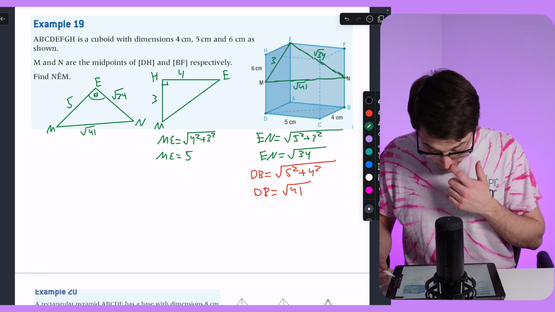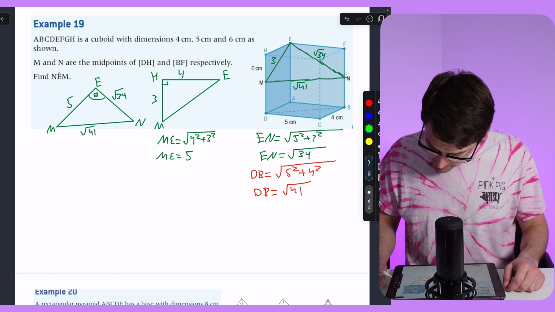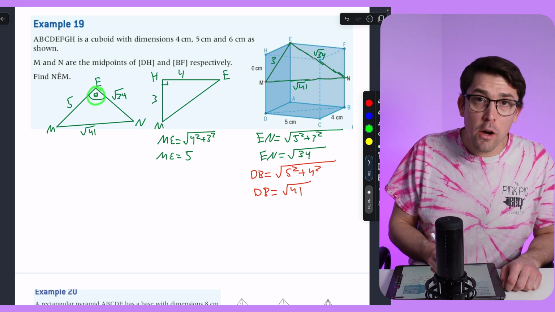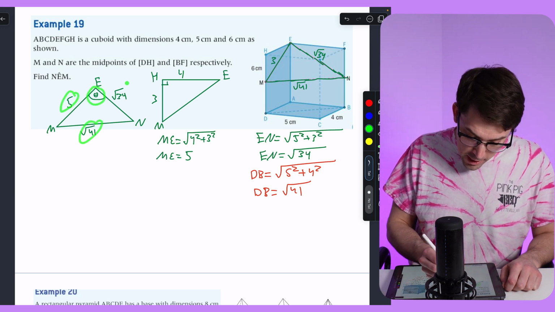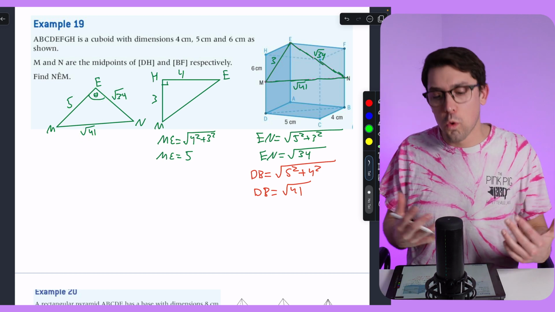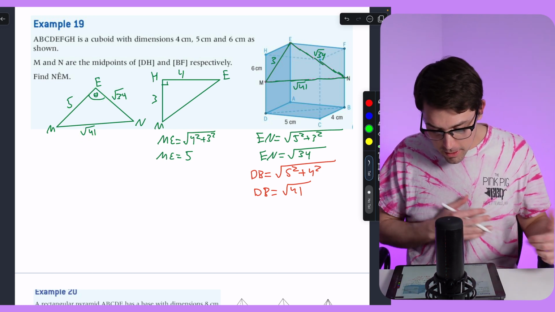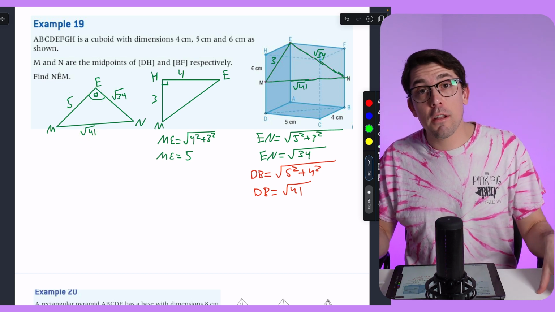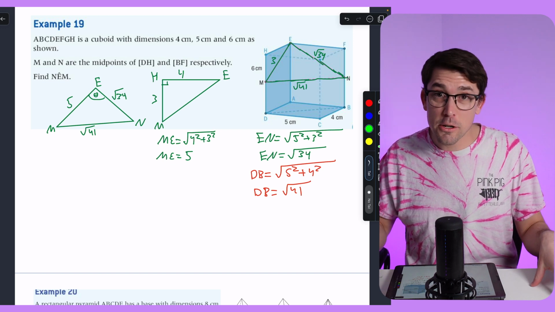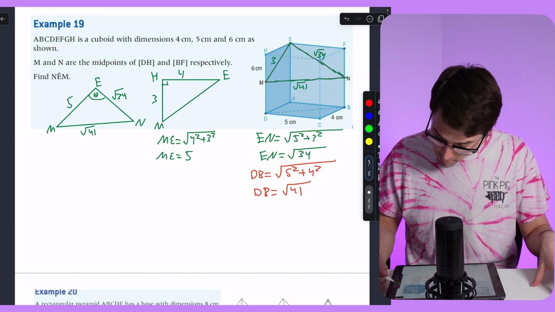Okay, now what I'm going to do is look at this and I say, hey, I want to know the angle and I know 3 sides. Is there a property or a rule that we've gone over previously where we can figure out what the angle is given the 3 sides of a triangle? And the answer is yes, it is the cosine rule.